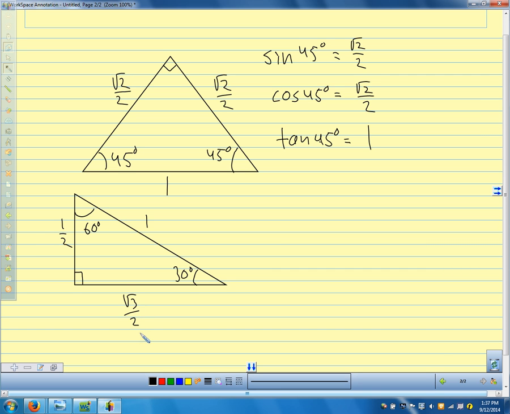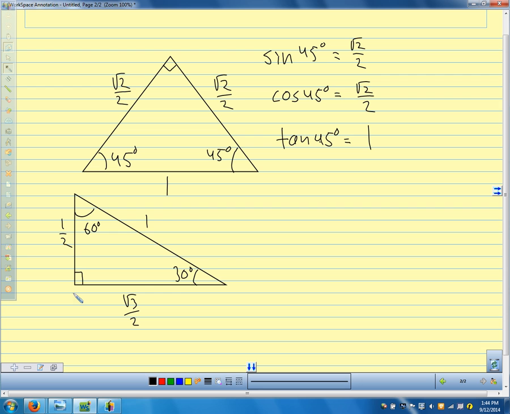If we couldn't remember why that worked, a 30, 60, 90 triangle is half of an equilateral triangle. So this side is half the whole side of the triangle. And then we can use the Pythagorean theorem to find that piece right up the middle of the equilateral triangle if we drew the second half in there.